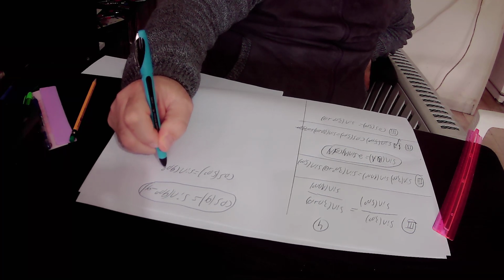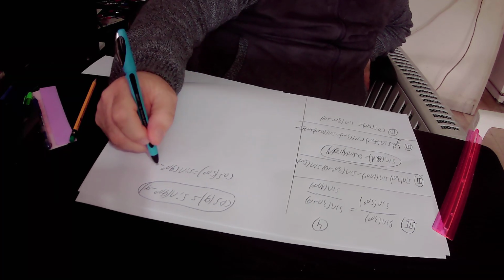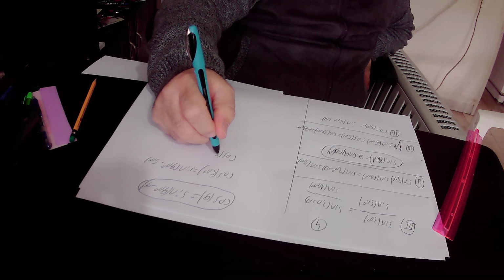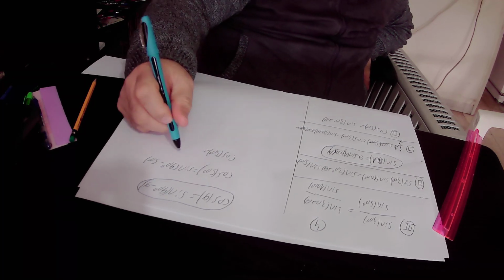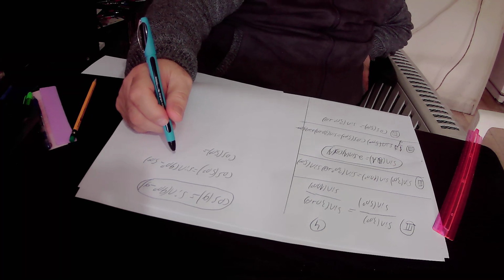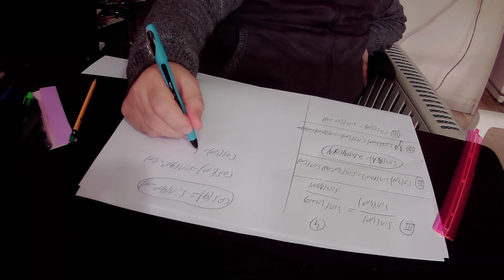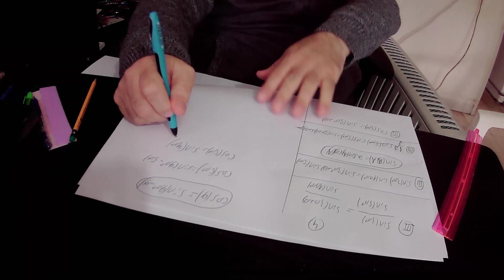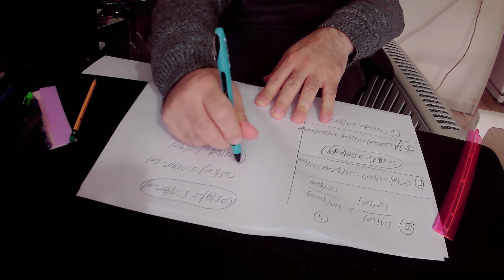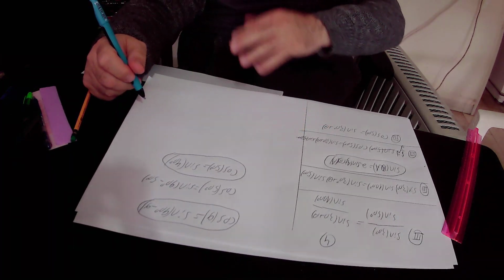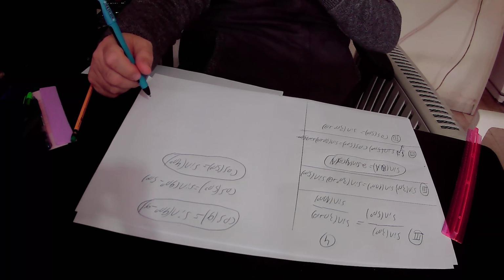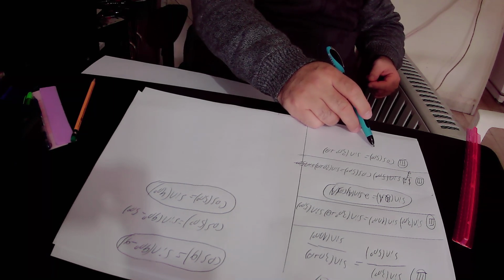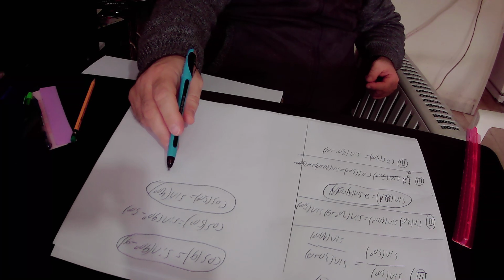Alpha here is 50 degrees, so cosine 50 degrees equals sine of 90 degrees minus 50 degrees, which is 40 degrees, so it is sine 40 degrees. So we found out that cosine 50 degrees equals sine 40 degrees, and we can substitute cosine 50 degrees in equation number 3 by sine 40 degrees.